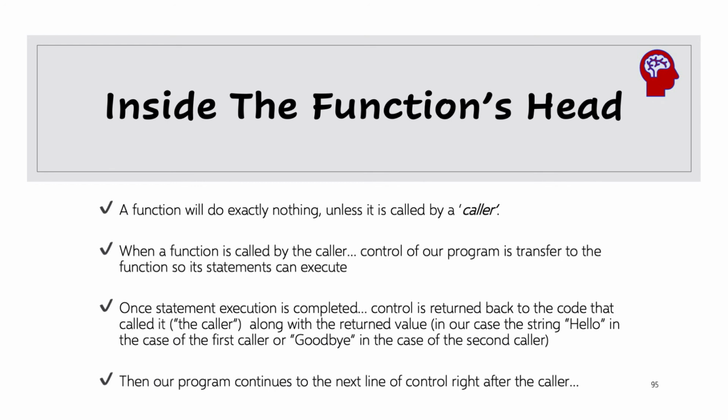Once statement execution is completed, control is returned back to the code that called it, or the caller, along with the return value. In our case, the string hello in the case of our first example and goodbye in the case of our second example. Then our program continues to the next line of code right after the caller.